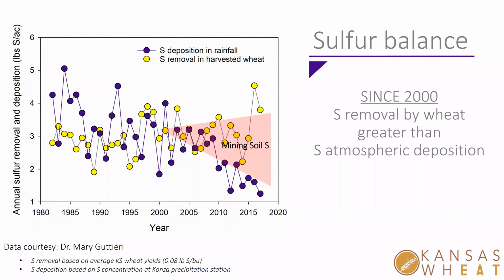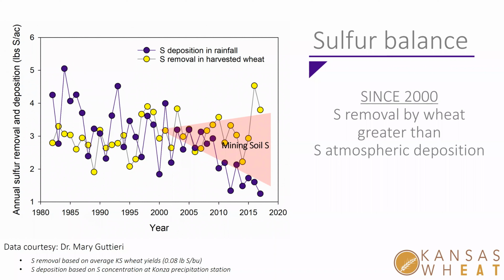We have higher yields, and we're removing a lot of sulfur from the soil. We are in a deficit, or a negative balance, when we compare the amount that we're removing, the yellow line, versus the amount that's being put back into the system in the rainfall, which is the purple line there.